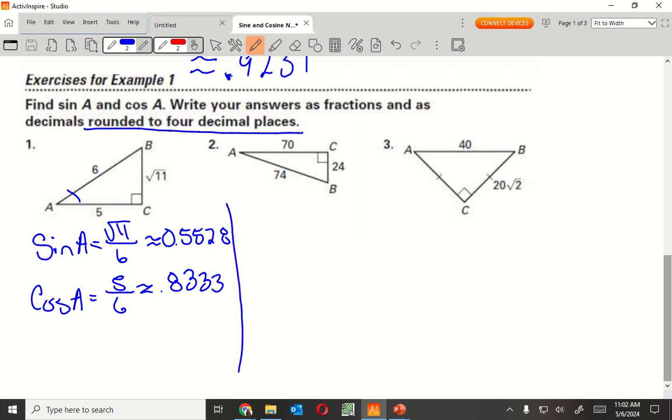Next one from A. Sine of A is going to be opposite, so it's 24 over hypotenuse 74, and that's going to give me about, what is it? Louder. 3428. You guys agree?